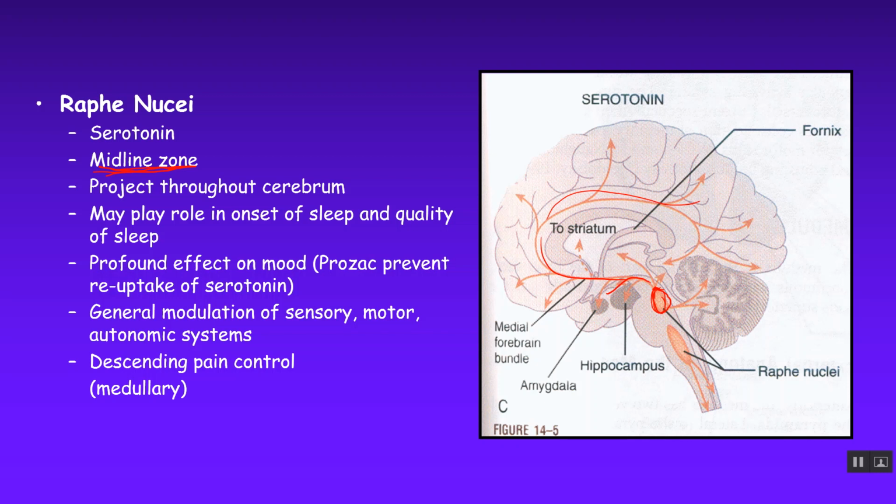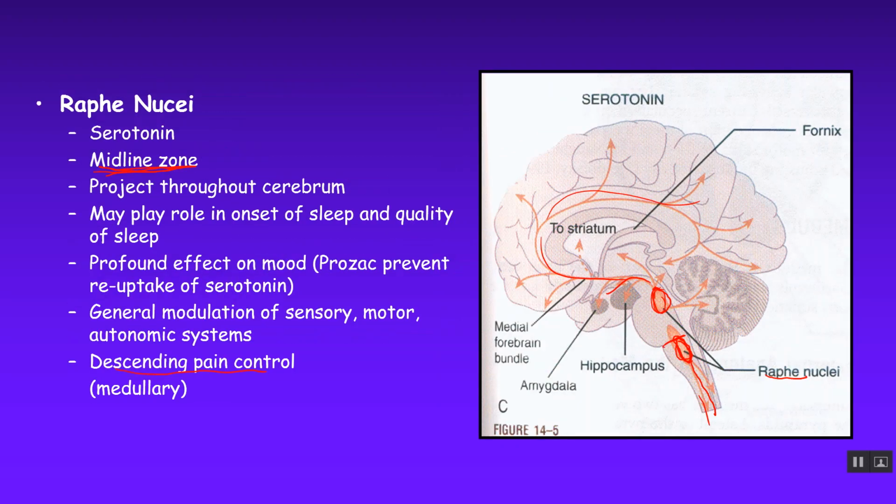And then it also plays a real strong component in descending pain control, especially the medullary part, the part down here in the medulla, the medullary raphe nuclei. Those project down to the dorsal horn to inhibit pain information coming in at the dorsal horn.